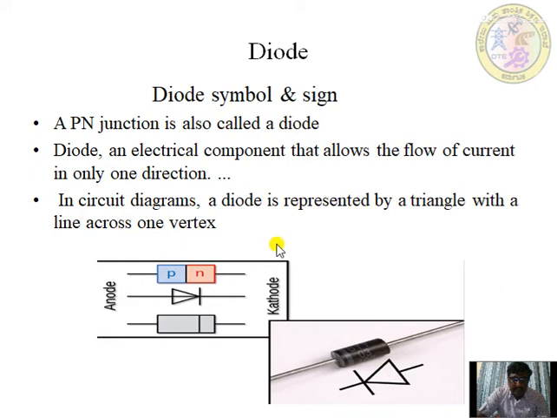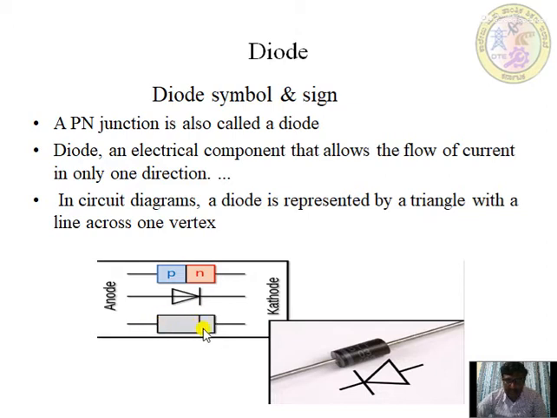In a circuit diagram, a diode is represented by a triangle with a line across one vertex. This is the symbol, with the anode as well as the cathode. The anode represents your P junction and the cathode represents your N junction, a triangle drawn with a vertical line. This is the symbolic structure.